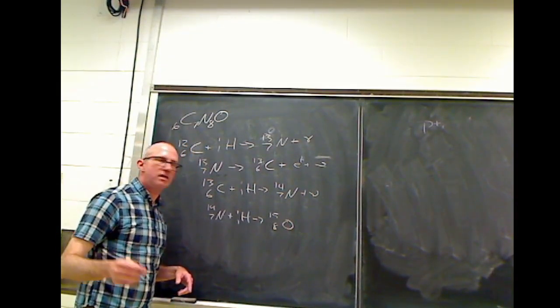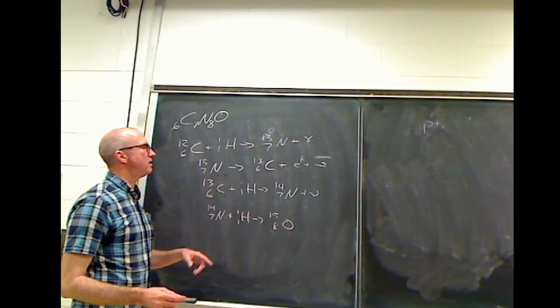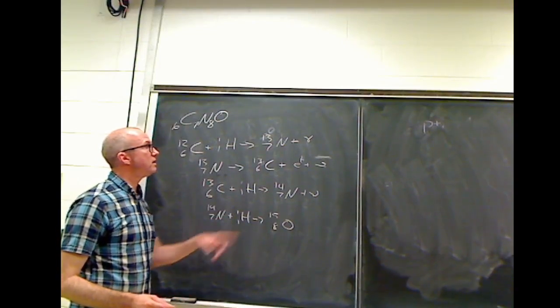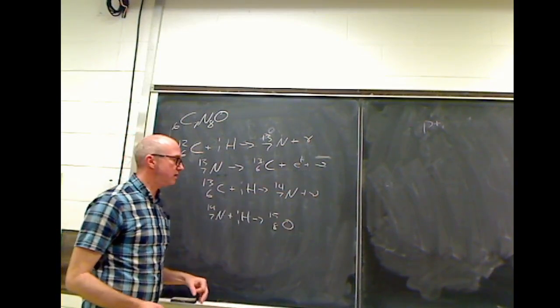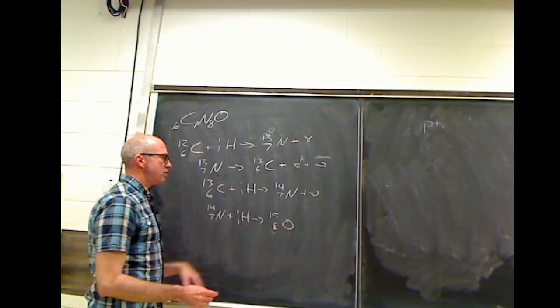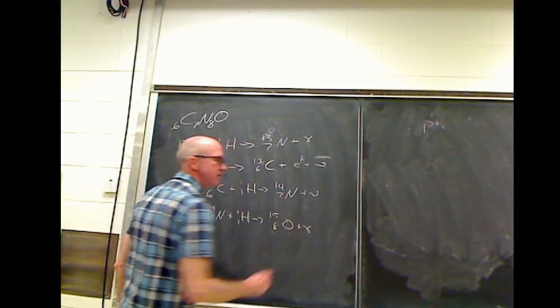Is that first a positron and a neutrino? Yeah, this is a positron and a neutrino. Okay. This goes to oxygen plus a photon.